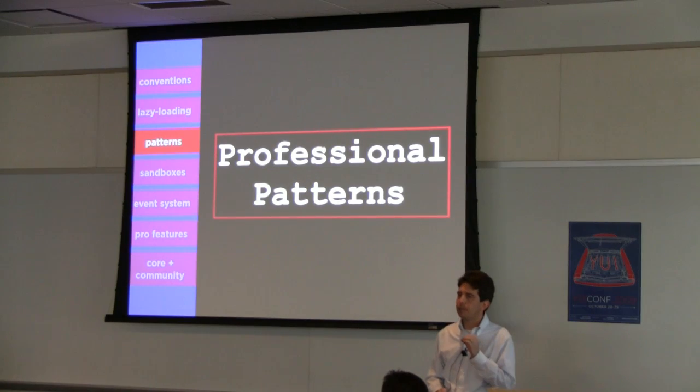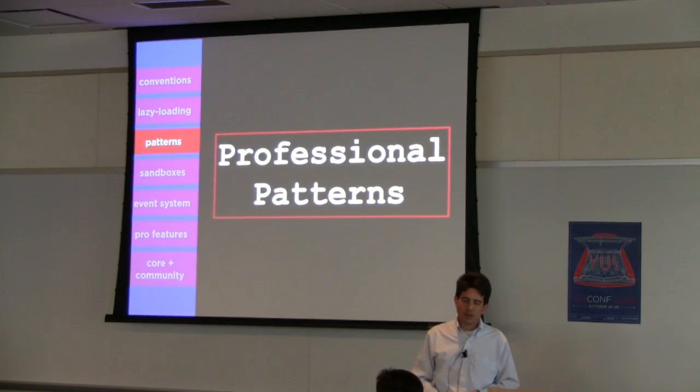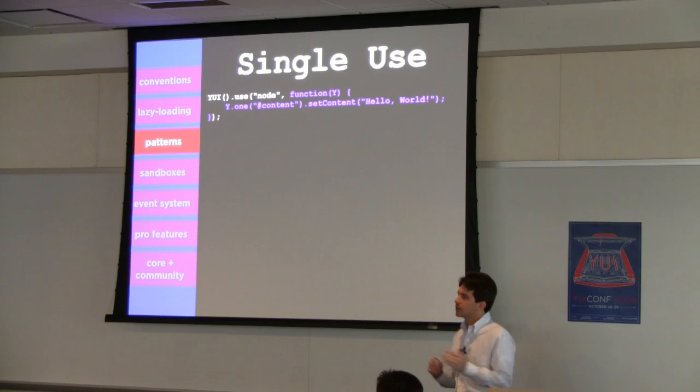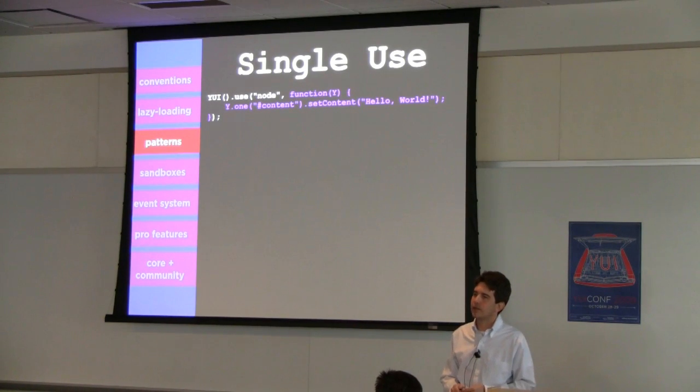There are some professional patterns that we think are baked into YUI3 that you're going to find to be conducive to the kind of work you want to do. We'll talk about 3 or 4 of these. One of them is actually just the most simple thing in YUI3, which is the function callback for a use statement.